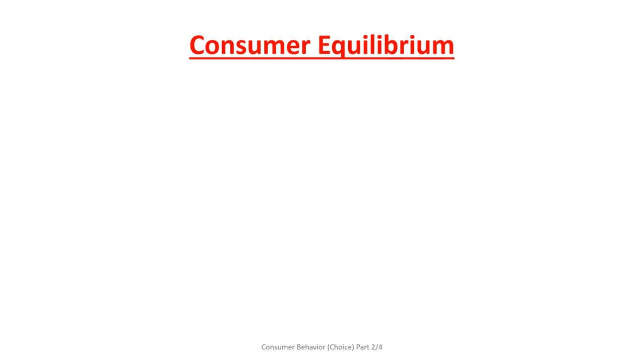For a consumer, a situation in which any kind of change will result in reducing the satisfaction will represent that kind of situation, and consumer will never want to have a change in it. In other words, consumer equilibrium will be at a point where the satisfaction level of a consumer is at its maximum.